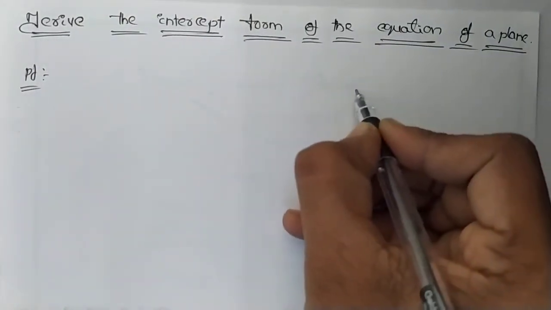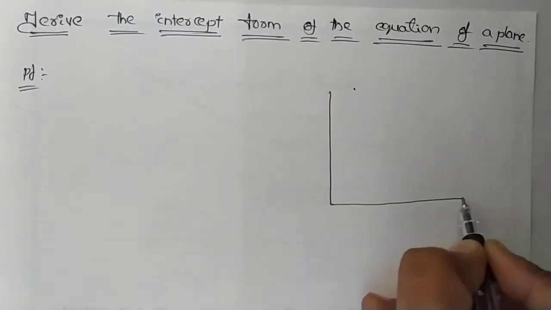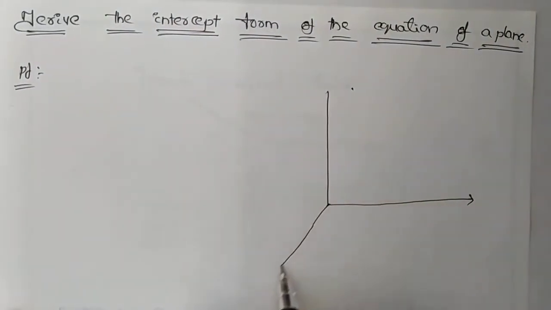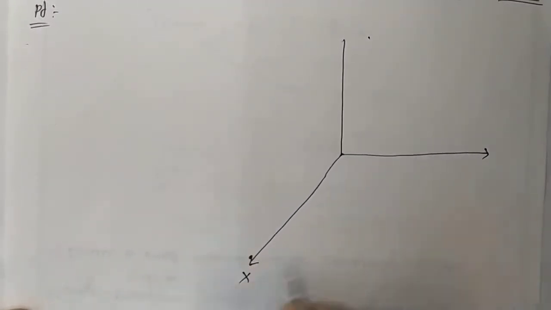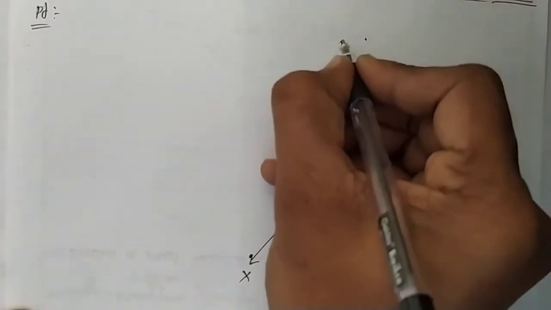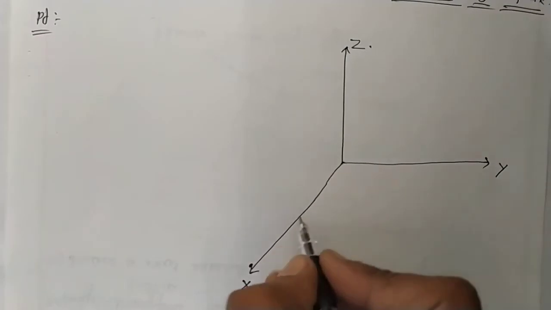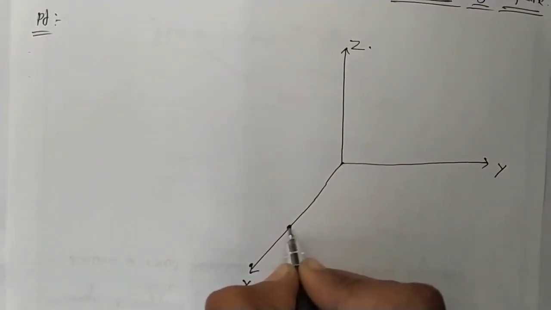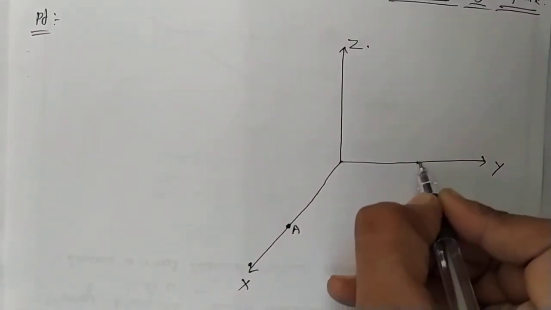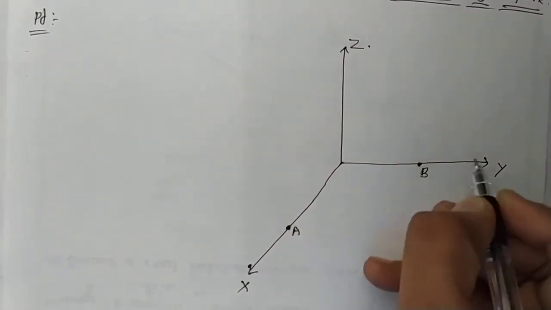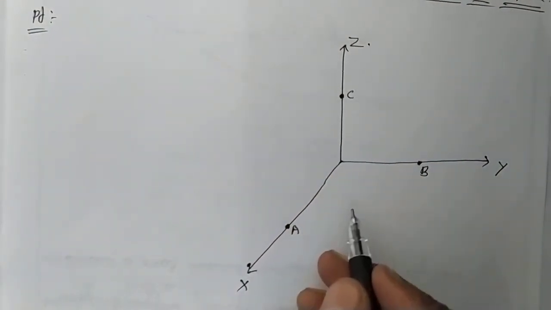Let us consider a three-dimensional plane. It is x, y, and it is z. Let the point A lie on the x-axis, the point B lie on the y-axis, and the point C lie on the z-axis.